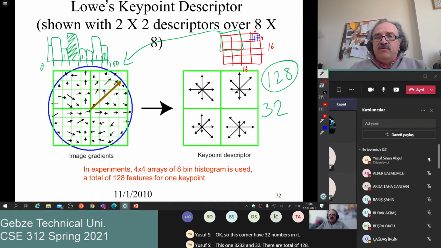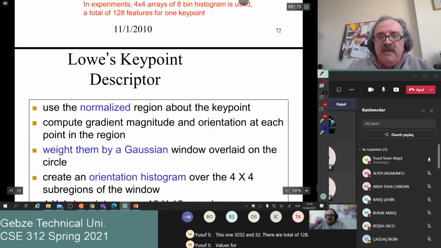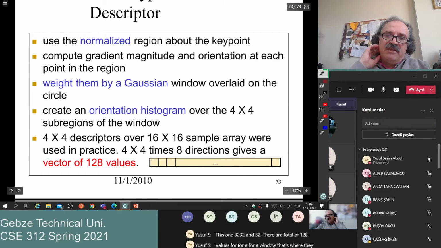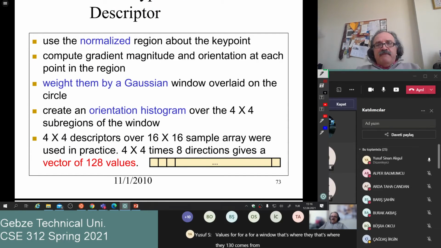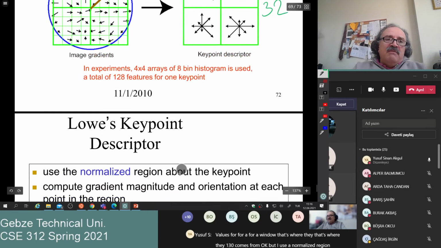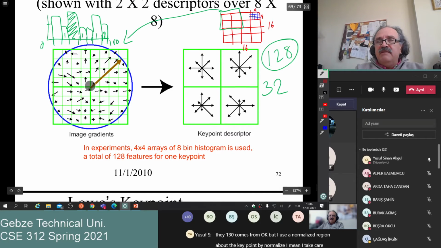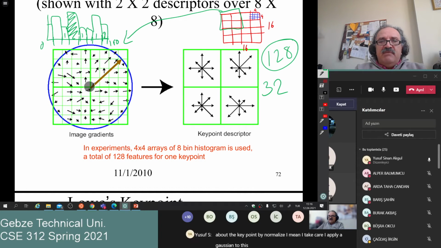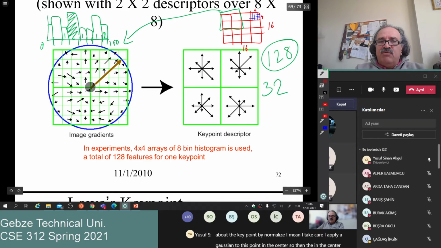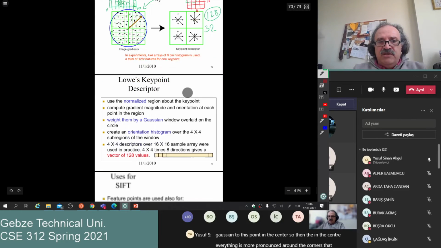That's where the 128 comes from. Okay, but I use a normalized region about the key point. By normalized I mean I apply a Gaussian to this point in the center. So in the center everything is more pronounced. Around the corners their effects are lower.